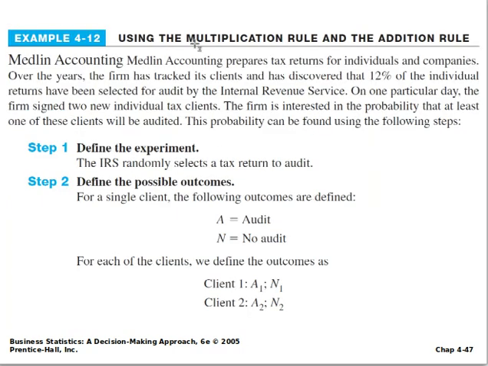Using the multiplication rule and the addition rule, we have an example from Midland Accounting, which prepares tax returns for individuals and companies. Over the years, the firm has tracked its clients and has discovered that 12% of the individual returns have been selected for audit by the Internal Revenue Service.